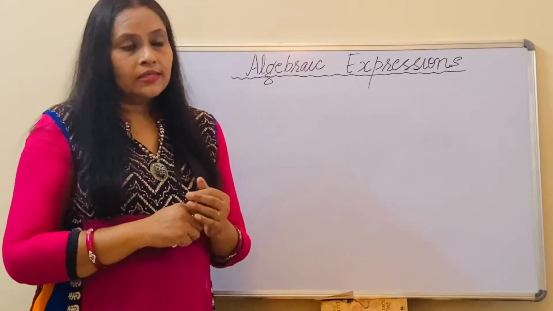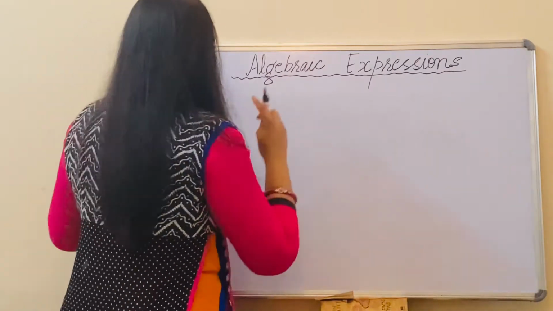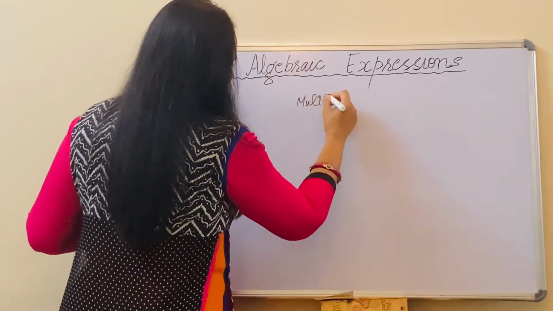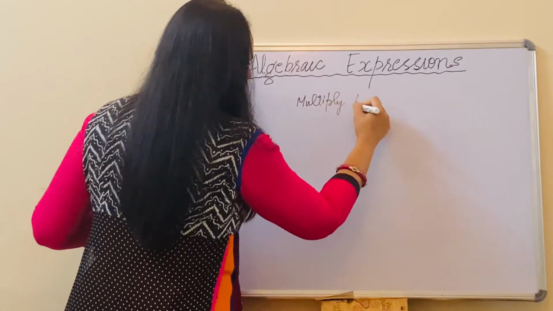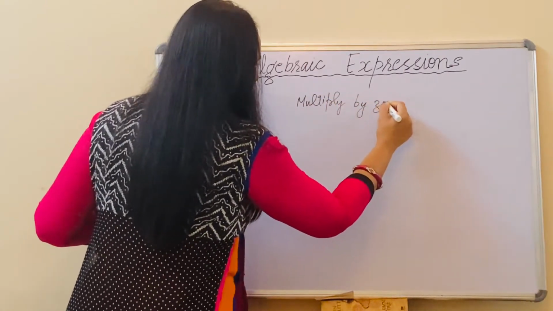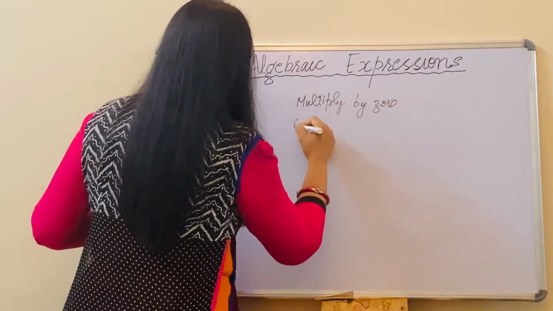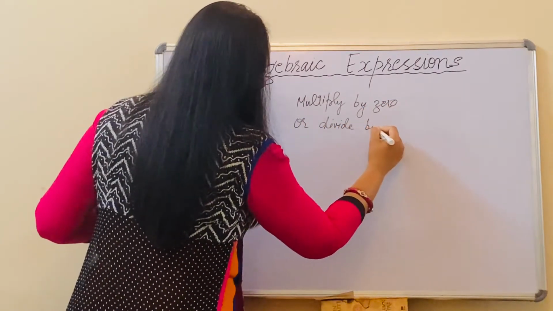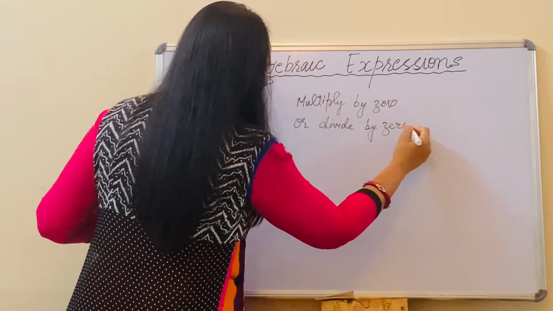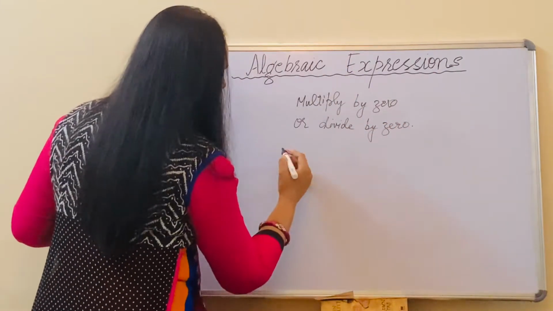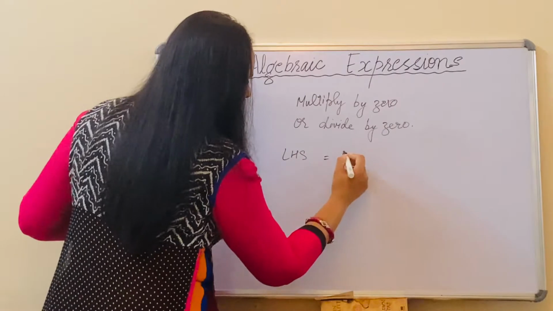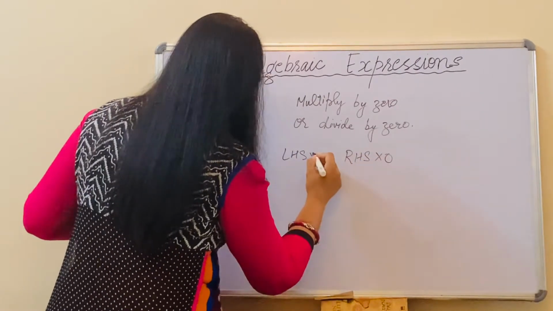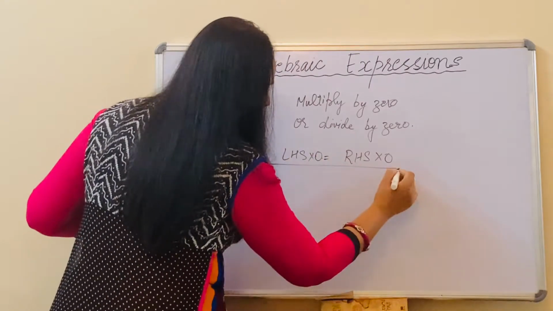Why are we saying that we cannot multiply by 0 or divide by 0? If we multiply both the left hand side and the right hand side by 0, the equation will become 0.